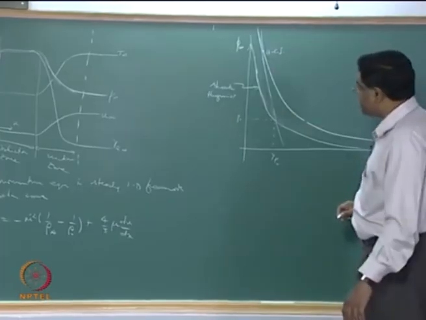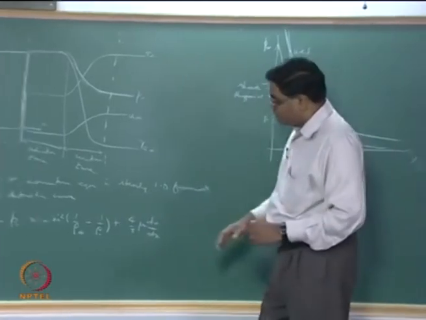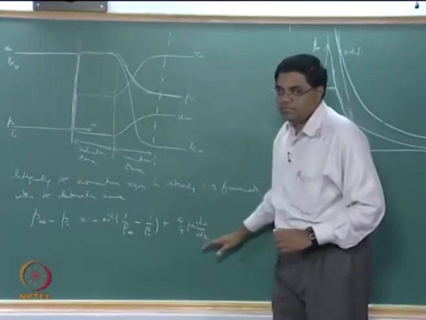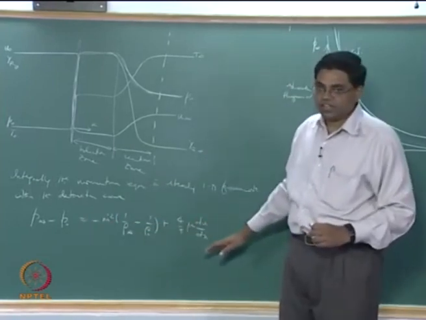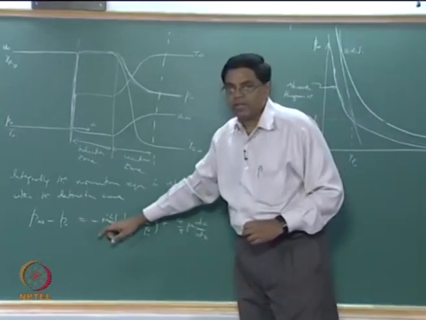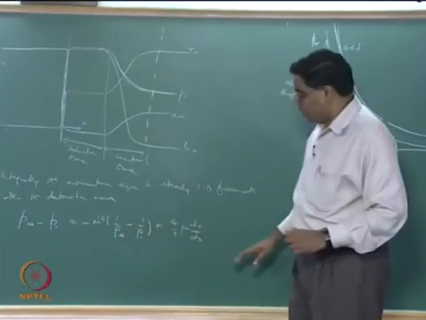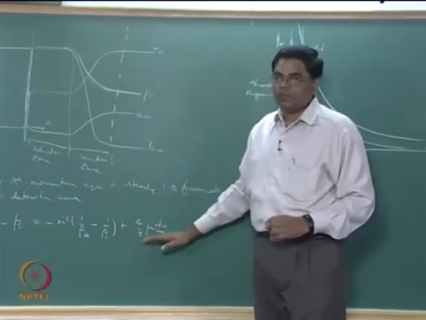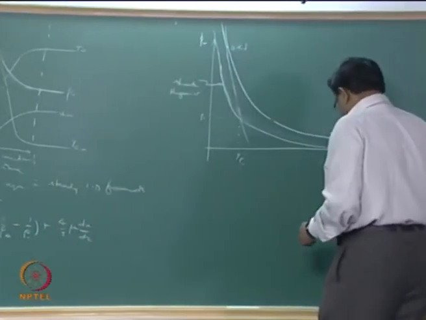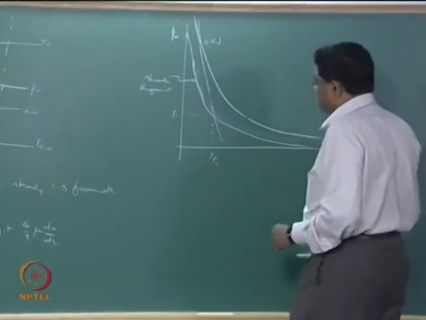Okay. So how do I represent this curve? This is basically again a straight line with the same slope, minus m dot squared, but now having an intercept. So if I have negative du by dx, maybe I can use a different color chalk piece.